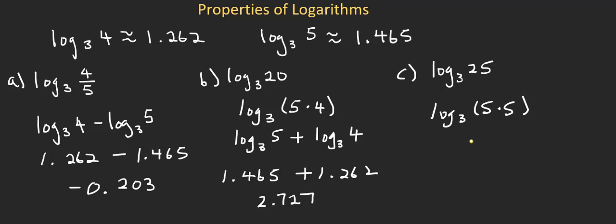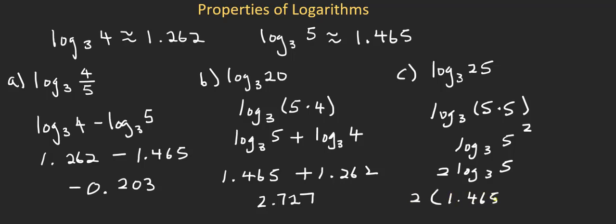Or you could write it as log base 3 of 5 squared, and using the power property, that 2 comes in front of the log, which is 2 times 1.465, which will be 2.93. So you could have used the product property, or you could have used the power property, but you will get the same result.